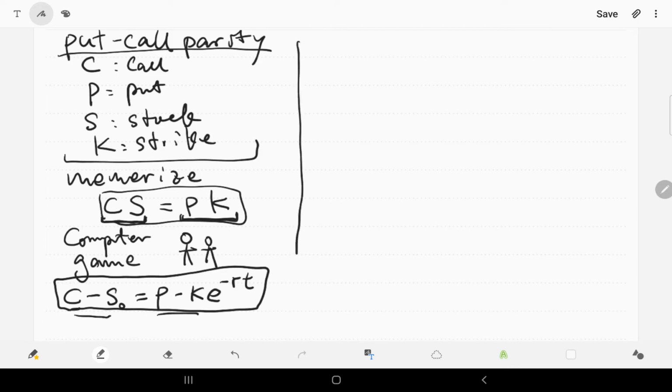But I know this is just a trick. It does not help us understand the formula. So how do I understand the underlying logic? Let's see. We can rearrange the terms to make sure that we have no short sale.